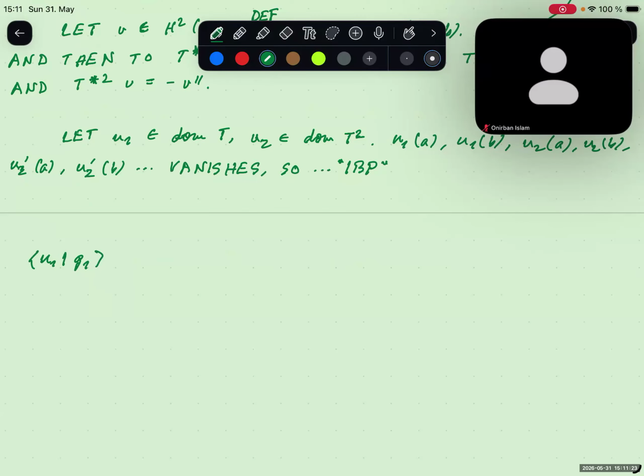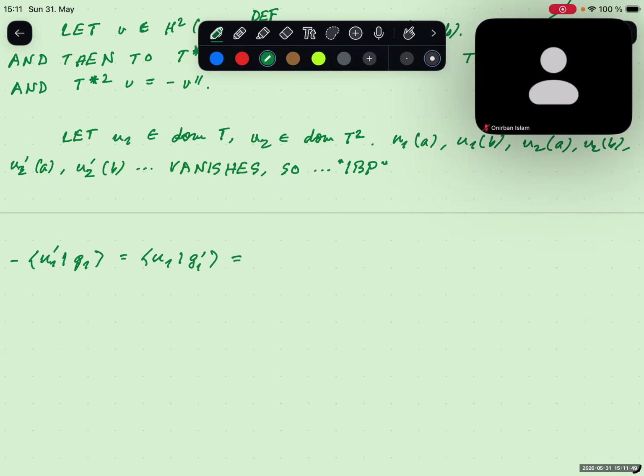Remember, by inner product we mean in this example the L2 inner product, and that equals, sorry, u1 prime with g1, with a minus, and then there is no minus on the right-hand side.